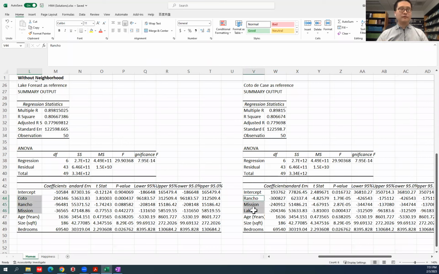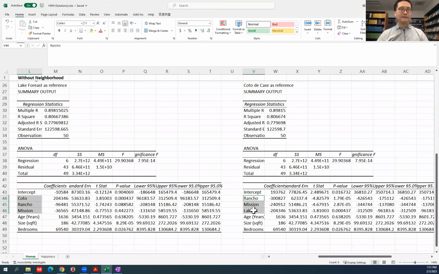The names of the variables for city are different in these two models. So let's see how the model estimation results are similar or different. We notice that multiple R is the same. Let me just reduce them so it's shown more easily.